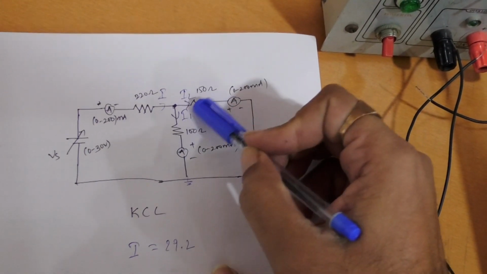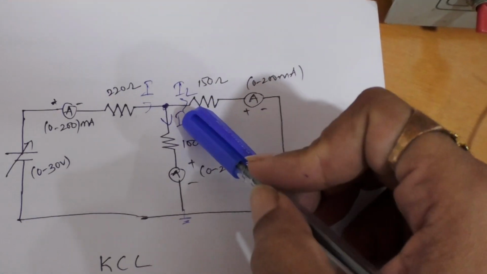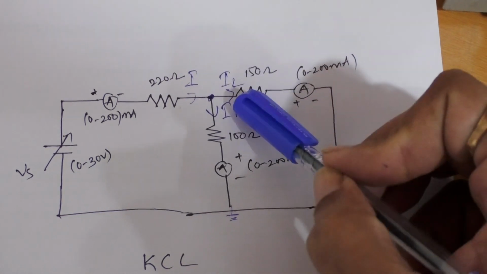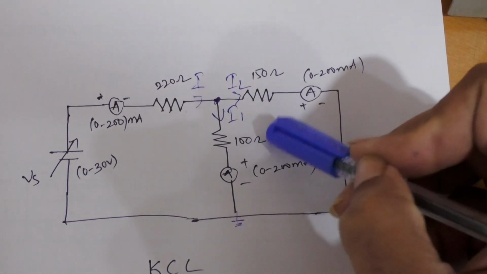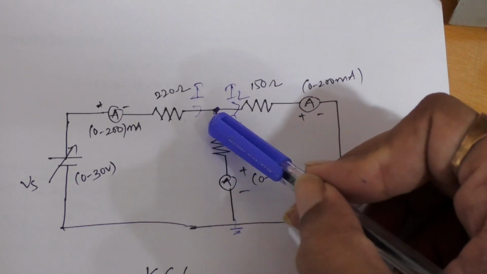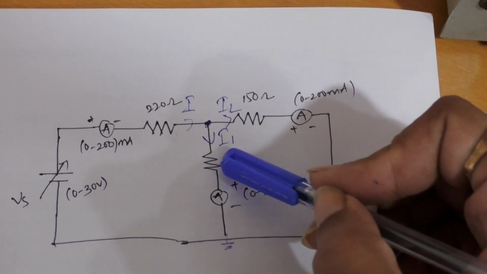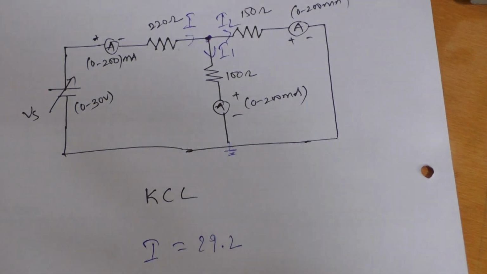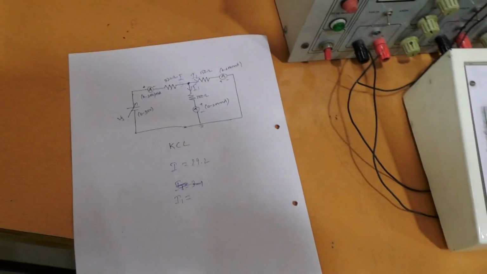At this node, since there are two resistors connected in parallel, the total current has to divide into two currents. So this total current I must be equal to the sum of I1 and I2. This I is the current entering, and I1 and I2 are the currents leaving. We will check this with the help of the experiment.